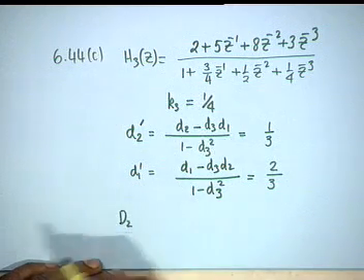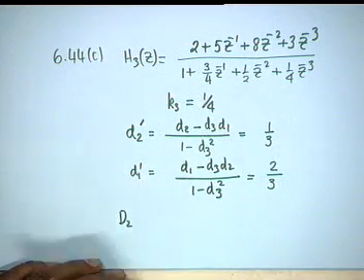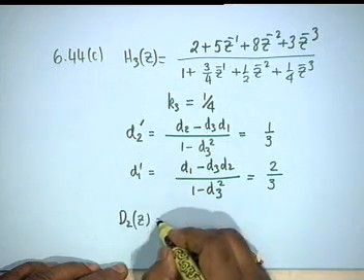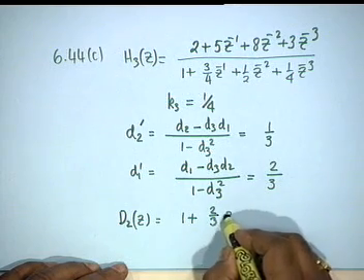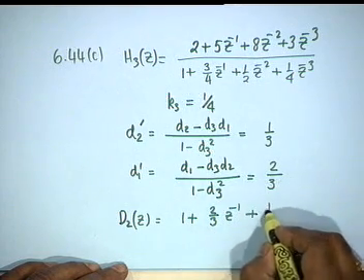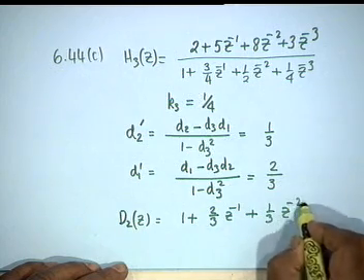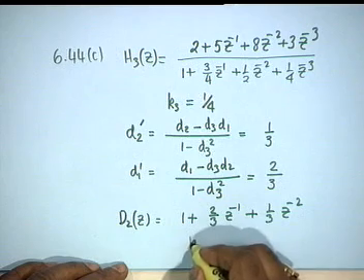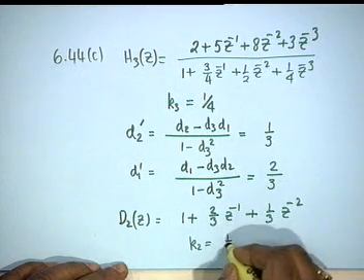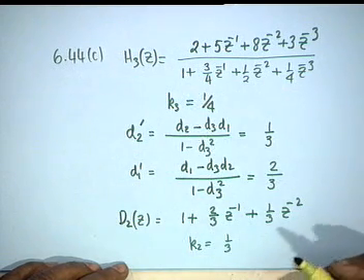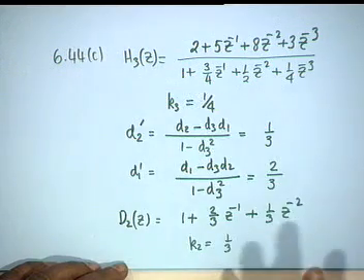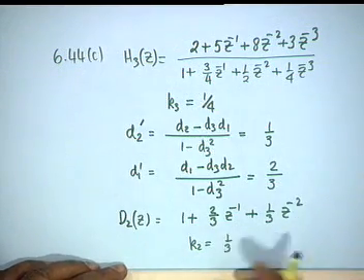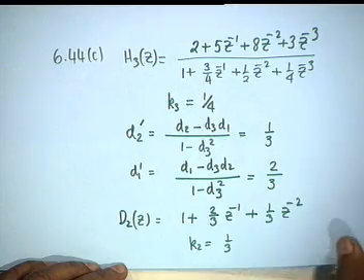Therefore, you do not have to write the all pass function, just write the denominator. D2Z is equal to 1 plus 2/3 Z inverse plus 1/3 Z to the minus 2. Therefore, K2 is equal to 1/3, which is also less than 1. If at any point it comes equal to 1 or greater than 1, you say it is not possible. Okay. So, K2 is equal to 1/3.